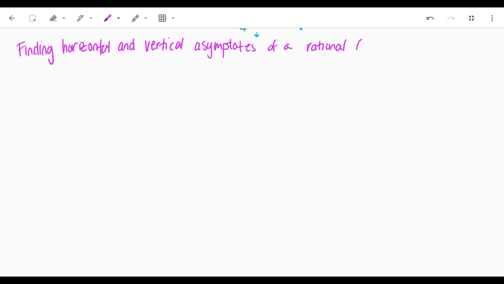More asymptotes here. Okay, still rational function. But we're going to have a quadratic numerator or denominator.